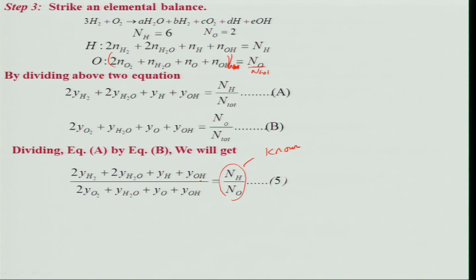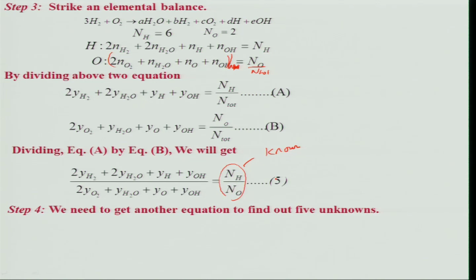So, this is one expression, equation number 5, and we need to get another equation to find the 6 unknowns, basically. That is, the sum of yi is equal to 1, where the species are YH, YOH, YS2O, O and O2. We can look at solving these 6 equations such that we can get these values.